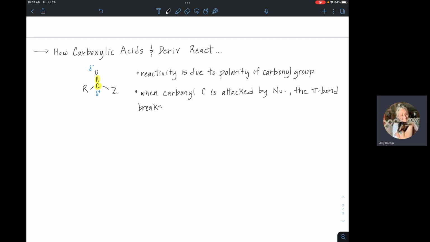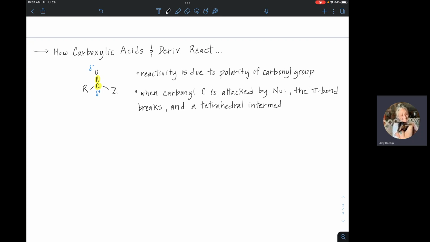So in other words, we're going to put those electrons on the oxygen, and a tetrahedral intermediate.